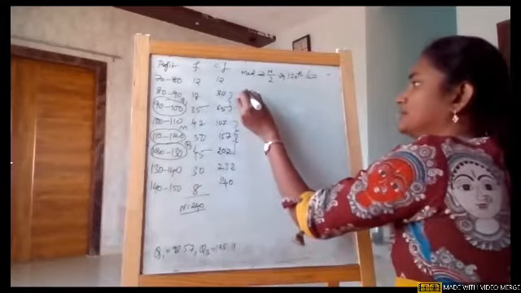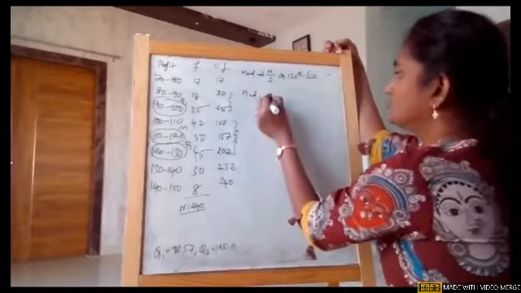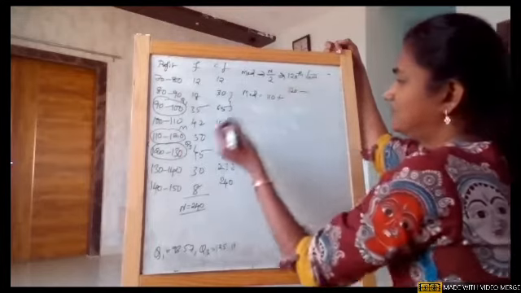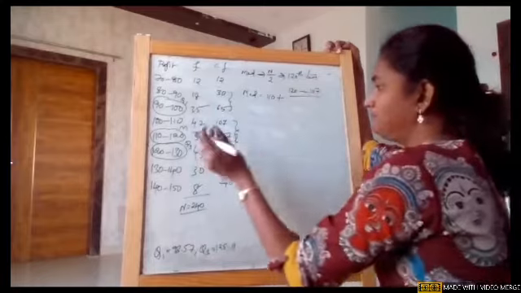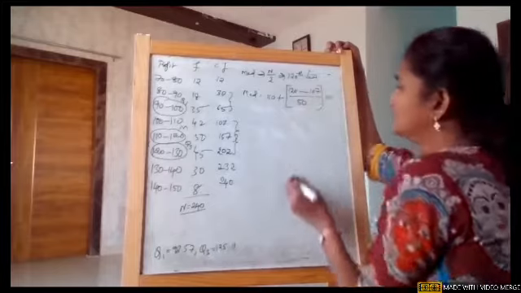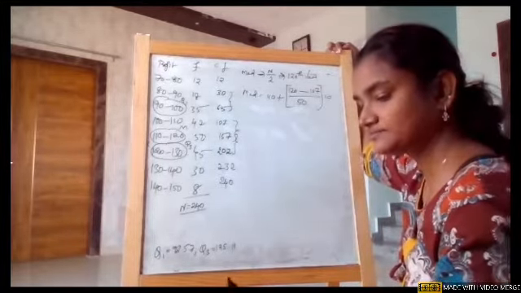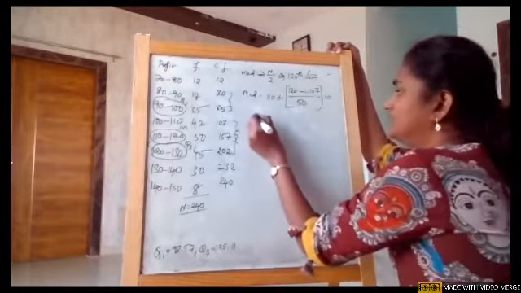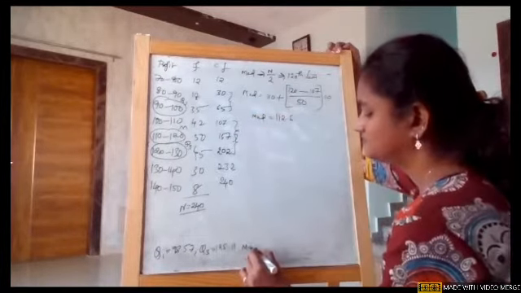Based on this, median is equal to 110 plus n by 2, which is 120, minus the cumulative frequency of the previous class, 107, divided by the frequency of the respective class, 50, into i, which is 10. So when we calculate it, what are we getting the median to be? 112.6. Okay, so median is 112.6.